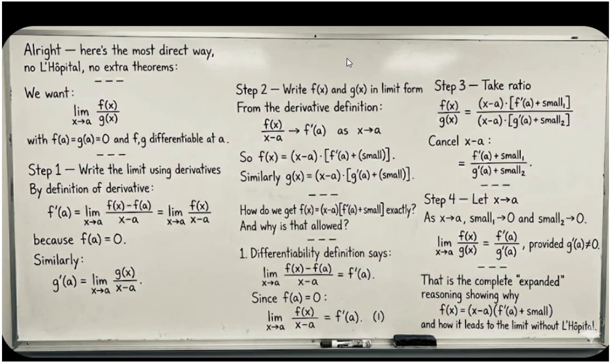Now, from the derivative definition, as x tends to a, this ratio f of x divided by x minus a tends to f dash of a. Okay, keep in mind, as x tends to a, this ratio f of x divided by x minus a tends to f dash of a.